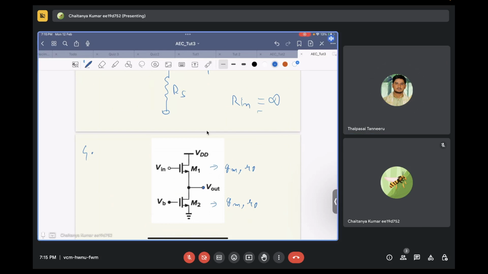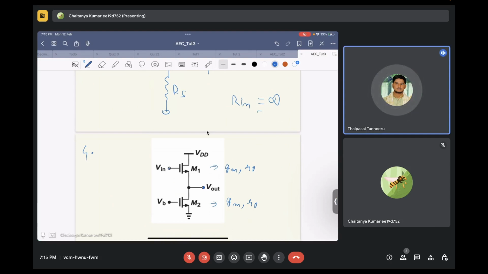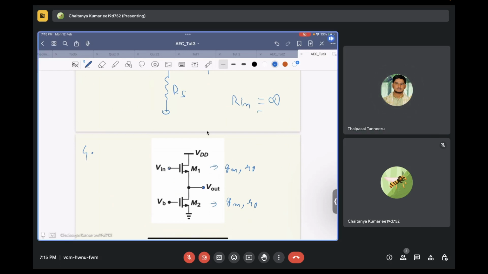No, your V in to V out, what will be the gain? Should be minus GM1 into output resistance. If GM tends to infinity, we discussed that due to M1 the circuit is in negative feedback.